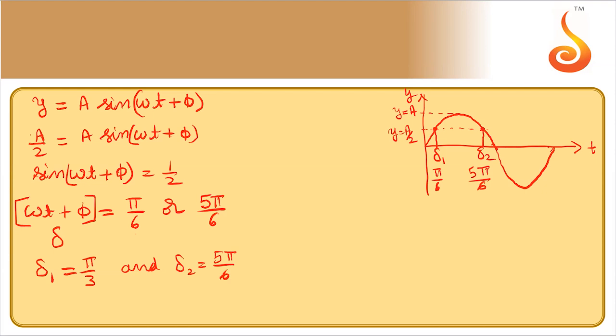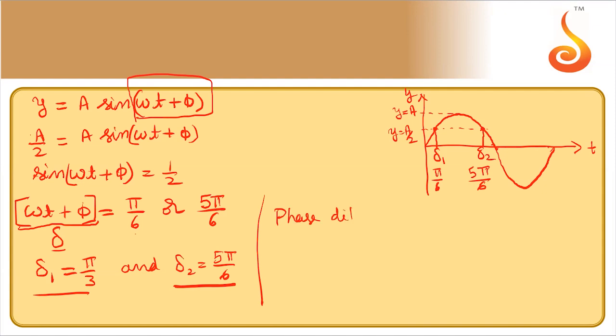See, what is this delta? Delta is total phase, right? Whatever is there inside, this entire thing is total phase. So delta 1 is total phase of the first particle, delta 2 is total phase of the second particle. If I take the difference, that will give you the phase difference.